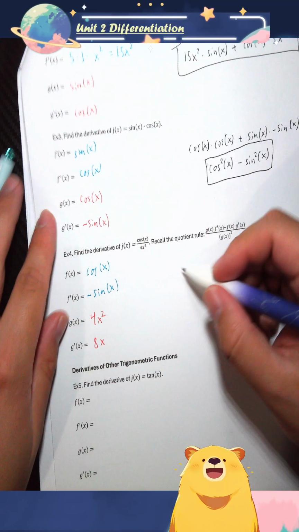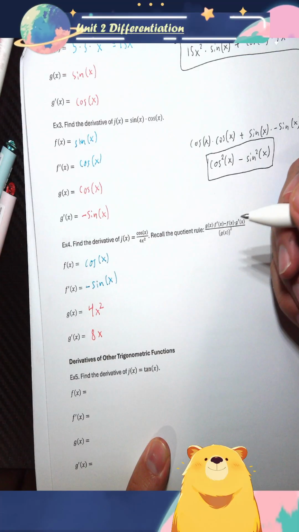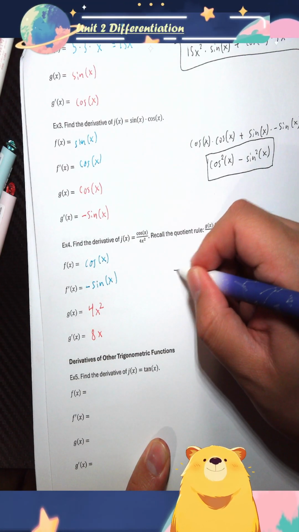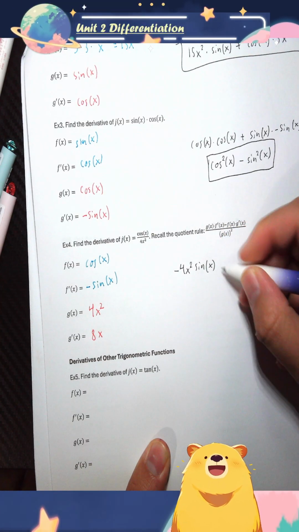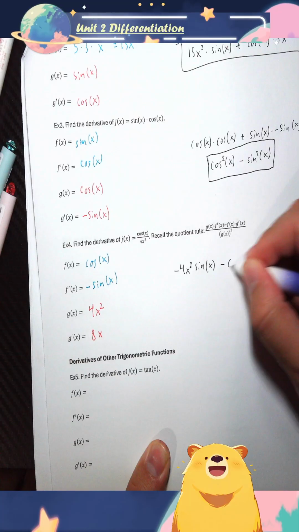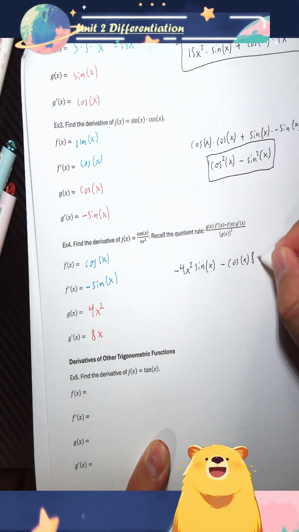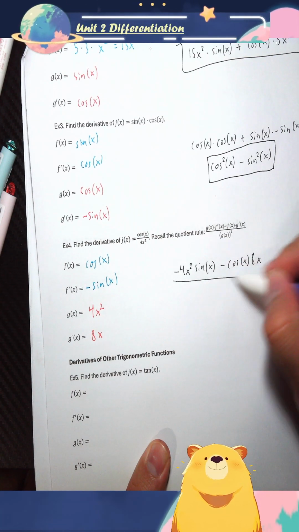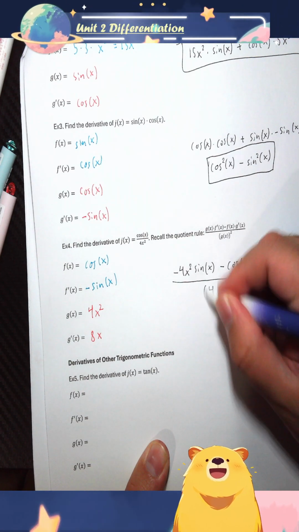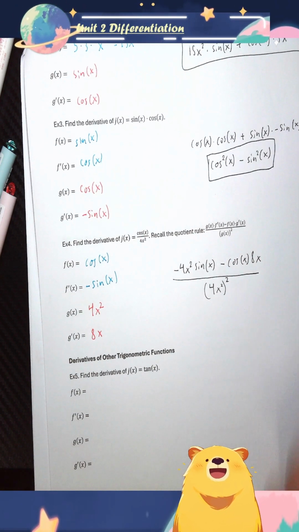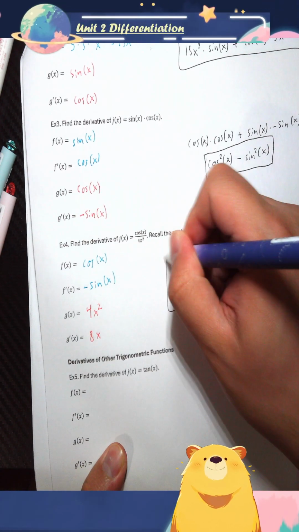So we could plug them all in together. We have negative 4x squared sine of x minus cosine of x times 8x over 4x squared, all of which is squared. And there you go.